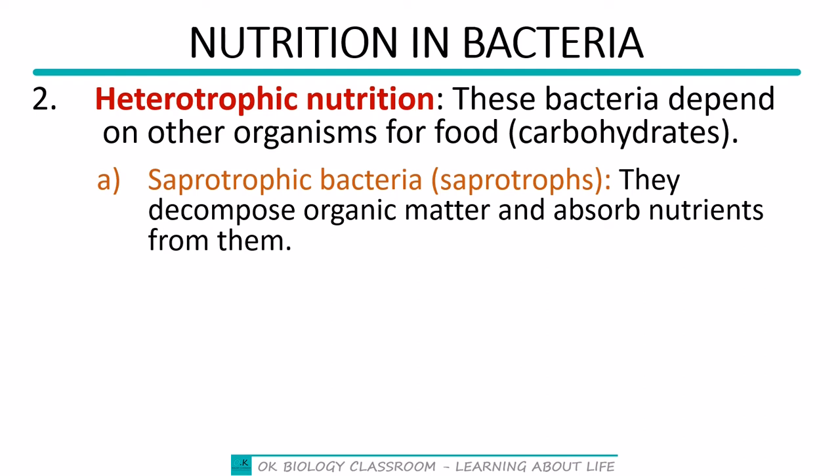And let me even say that they are the ones that cause decay to organic matter. So what they do is that when there is a dead animal somewhere, for example, some bacteria, and not only bacteria, there are some other organisms as well, but because we are dealing with bacteria in this case, some bacteria would settle on the dead animal and then would release enzymes onto the animal.